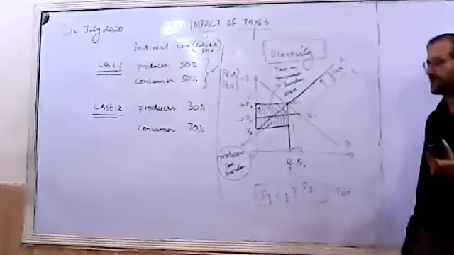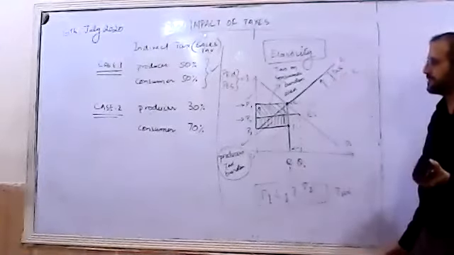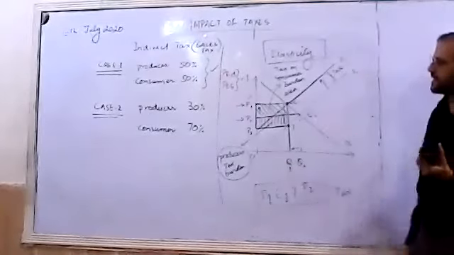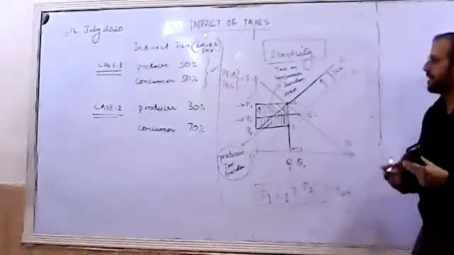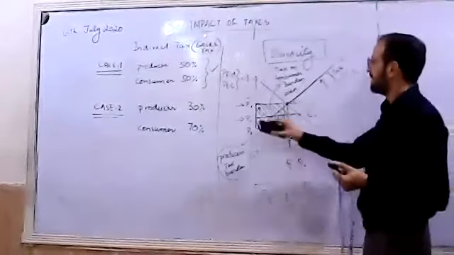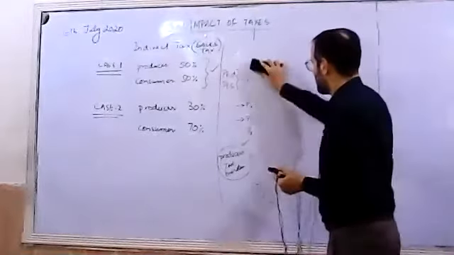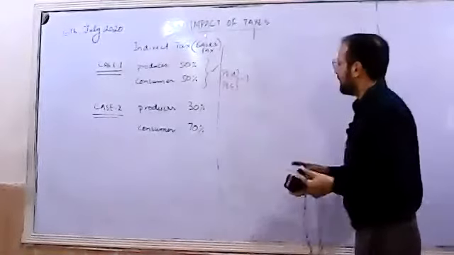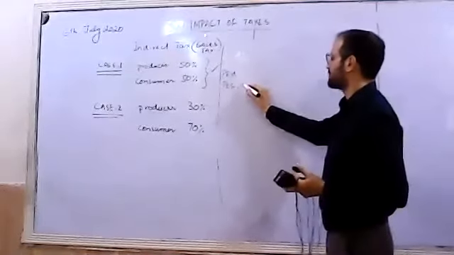Now this is one case, dear students. Now we're going to jump to another case where the producers and the consumers are not sharing the same burden. The producer is paying a lesser amount and the consumer is paying a greater amount. How is it possible? So let's see this case as well. Now, in this case, we have to assume that the price elasticity of supply is equal to 1.